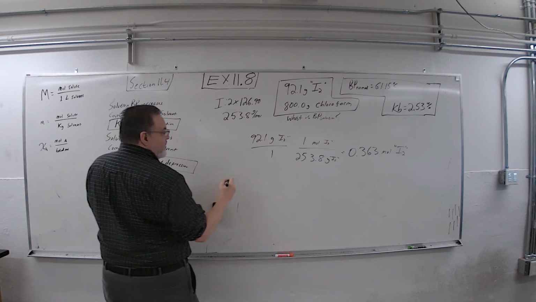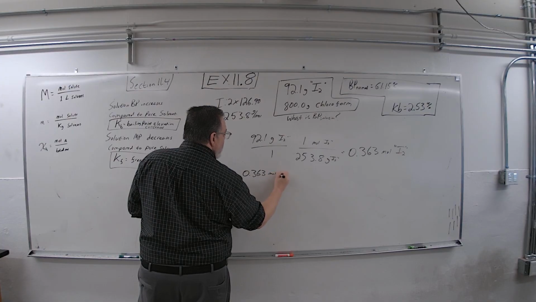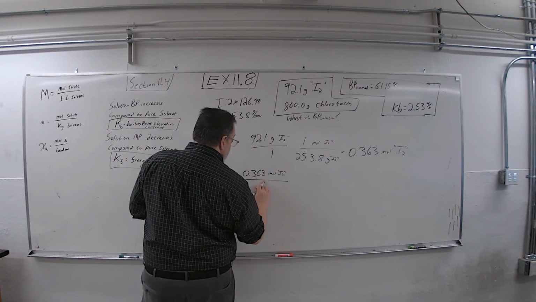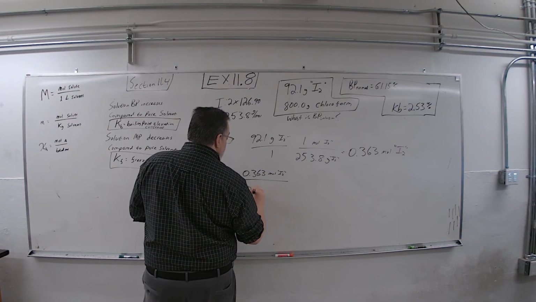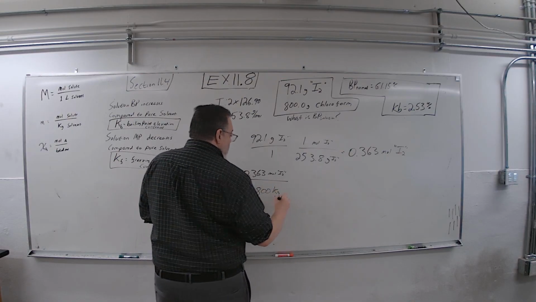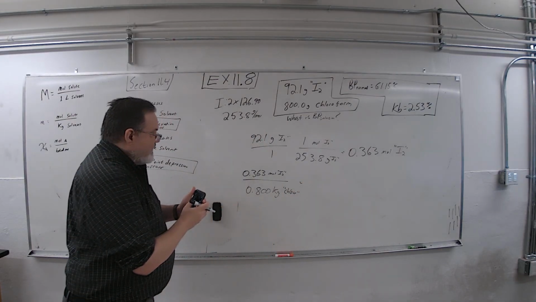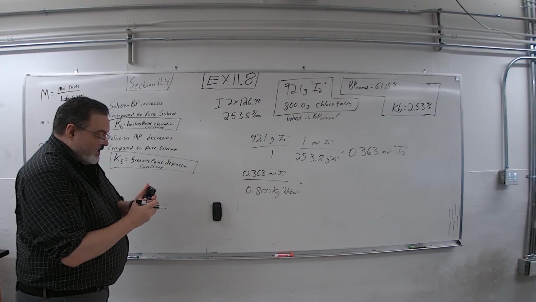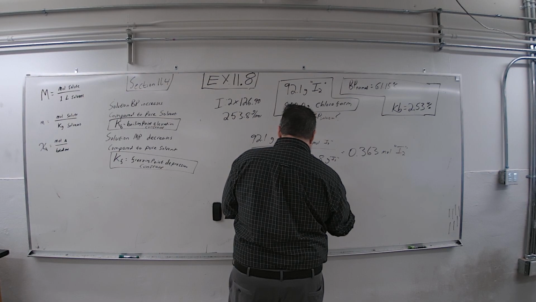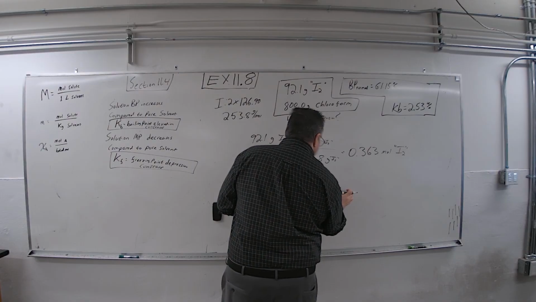So next we want chloroform. So that's going to give us the 0.363 divided by 8. Lowercase m.